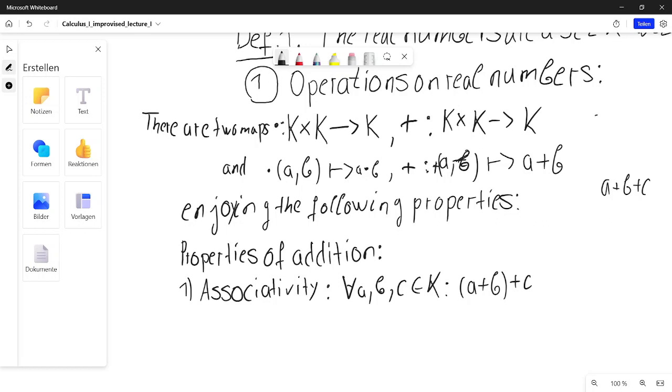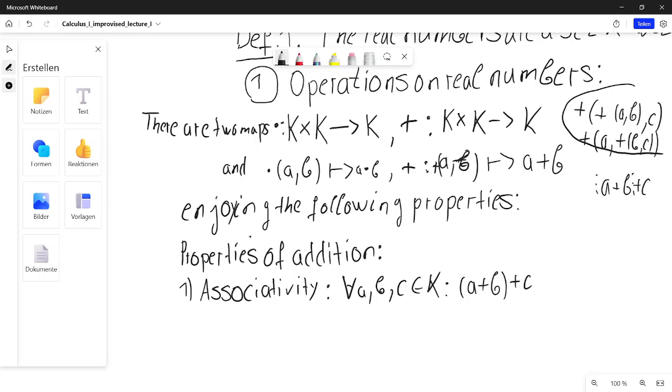That could be interpreted as application of plus to A and B, and then application of plus to the result and C, or just as well as application of plus to A and the result of B and C. That is why we introduce brackets to indicate what we actually mean: first, we take this application of plus.